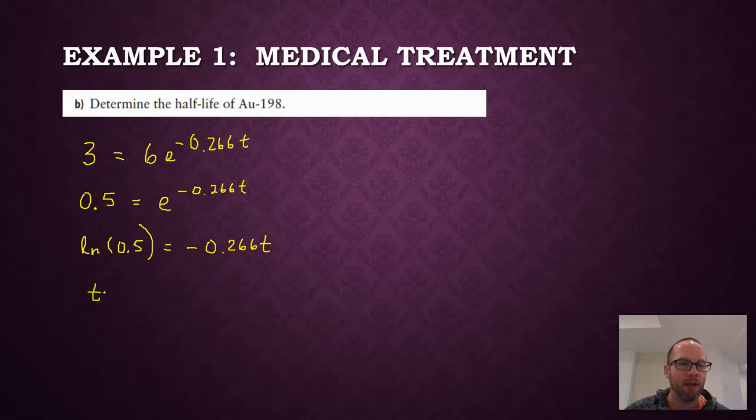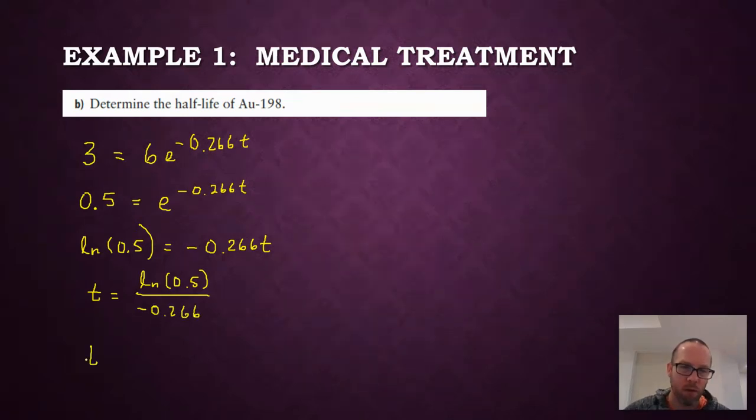And so t is the ln of a half, or 0.5, divided by approximately negative 0.266. The ln of 0.5, because 0.5 is below 1, will be a negative. And when we divide by a negative, this will give us a positive value. So we don't need to worry about all those negatives floating around. We are going to get a positive time.